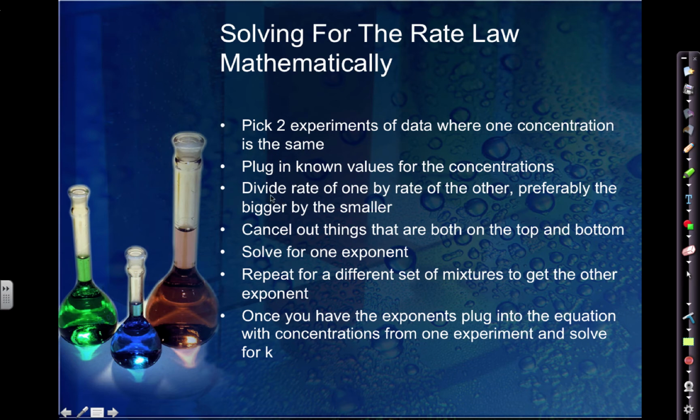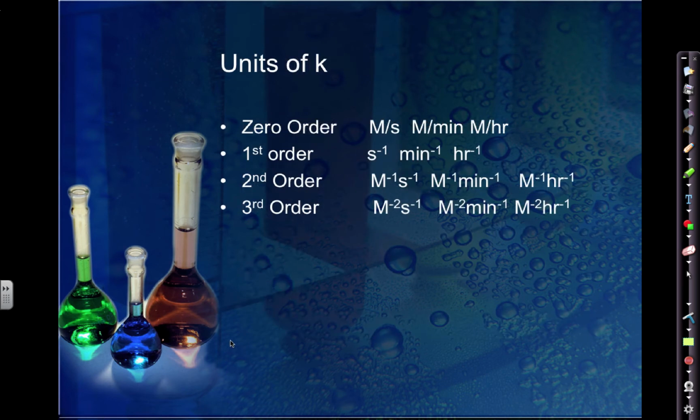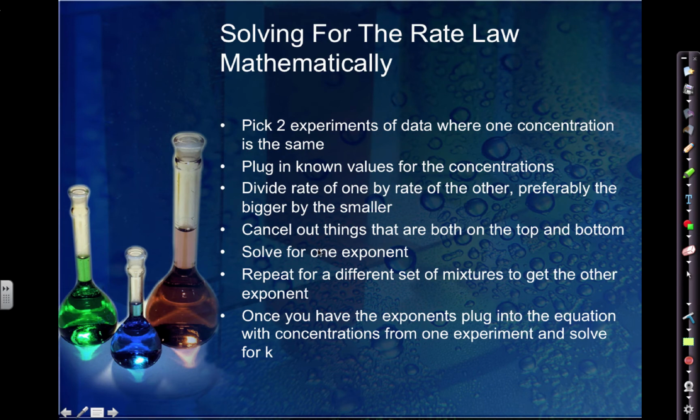Then you're going to divide the rate of one experiment by the rate of the other, bigger by the smaller usually. Cancel things out that are on both the top and the bottom. You're going to solve for one exponent and then repeat for a different exponent using a different set of experimental values. Once you have the exponents, you can just simply solve for K, like we just did.